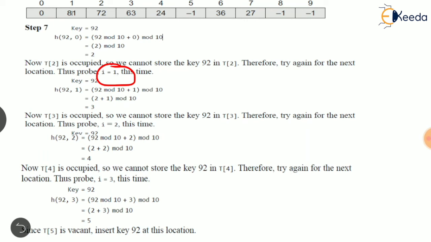Now the probe number is i equal to 2. Key is equal to 92. Then again we calculate by using the same method, only by changing the probe number. After doing this, T[4] is also occupied, as 4 is the answer for the previous probe number, that is 2.